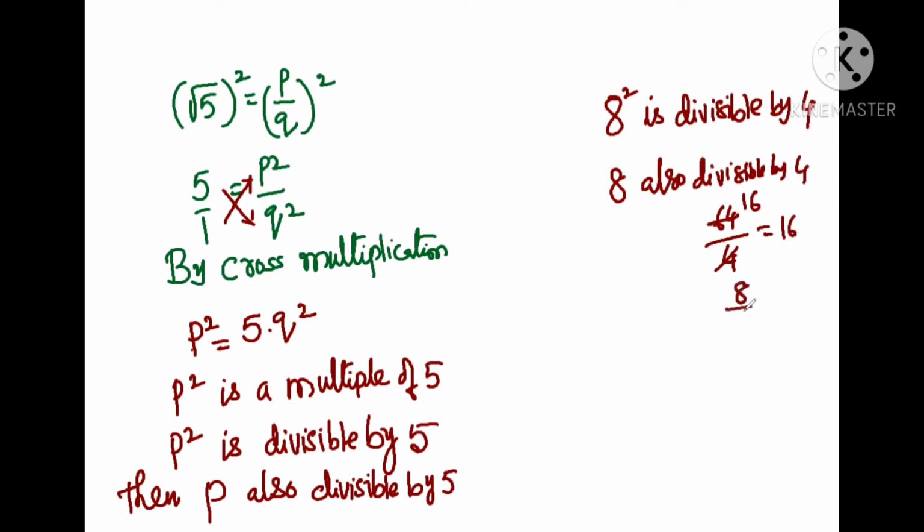Similarly, 8 also divisible by 4. 8 1 ja 8, 8 2 ja. In this way, if the square of any number is divisible by some number, the number itself is also divisible by it. So let us give a number for this equation, equation 2, and this one equation 3.